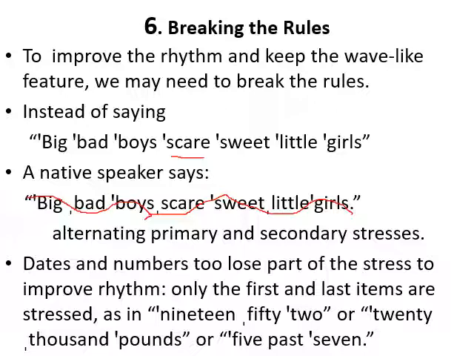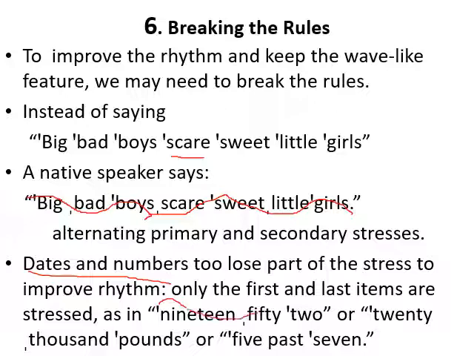Alternating primary and secondary stresses. Dates and numbers too lose part of the stress. Dates تواريخ numbers أعداد. Dates and numbers lose part of the stress to improve rhythm. Only the first and last items are stressed, as in 1952. 1952.